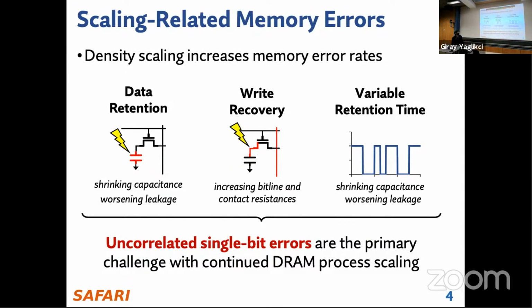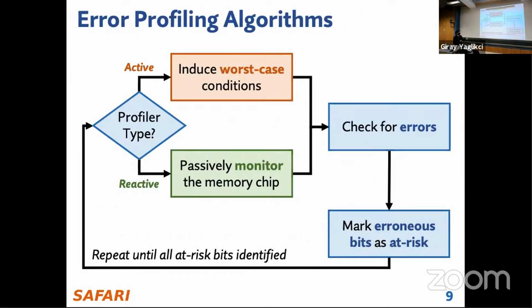I think you could extend this and apply it to something like RowHammer, but it doesn't exactly apply in terms of the profiling process that we're describing here. I presented this profiling algorithm, right? This general sort of thing. This assumes that errors are repeatable and happen in the same place, and you can actually discover them through profiling.